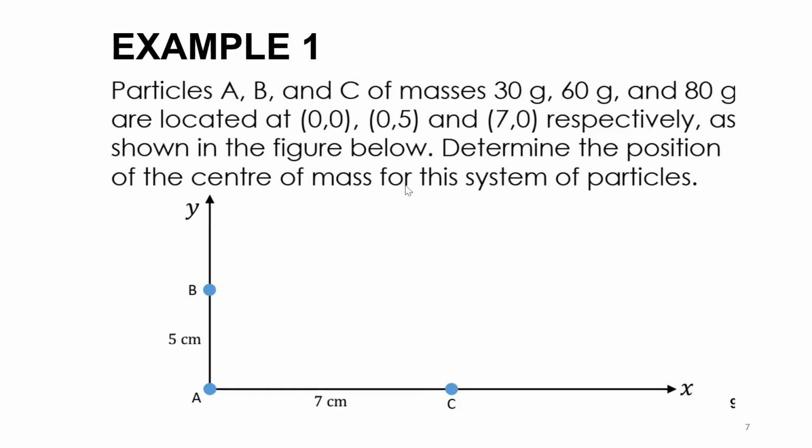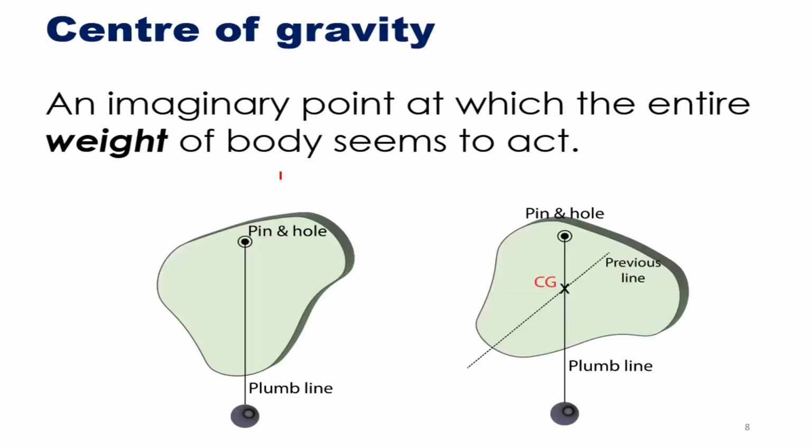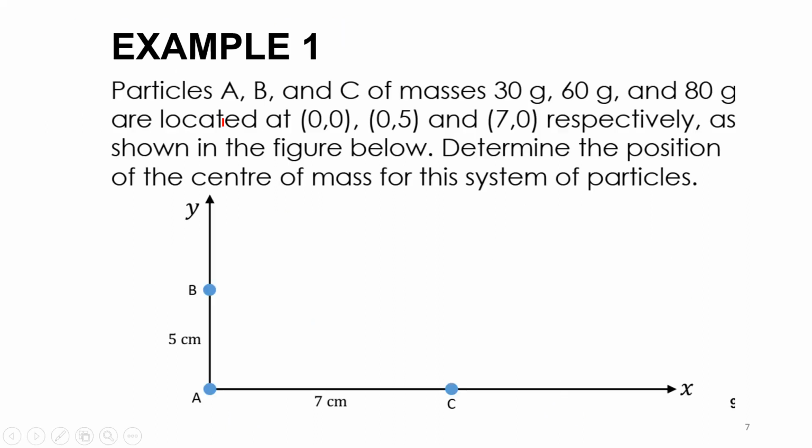Otherwise, fine. I suppose all can get the idea how to solve them. So here you have your x dash, y dash equals to. Then you have to calculate for all your x and all your y.